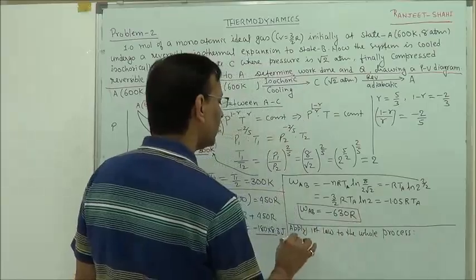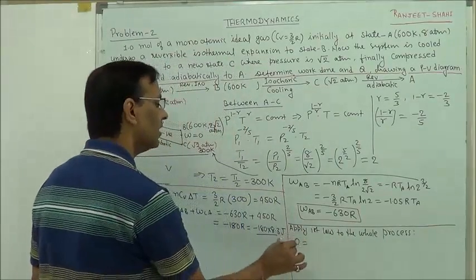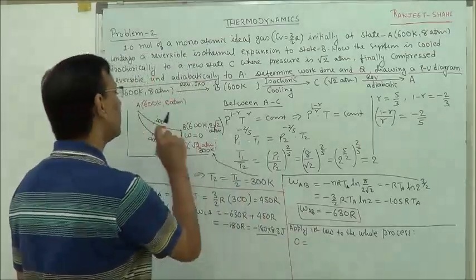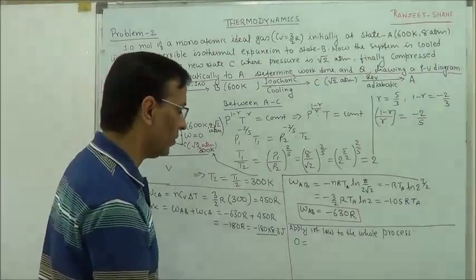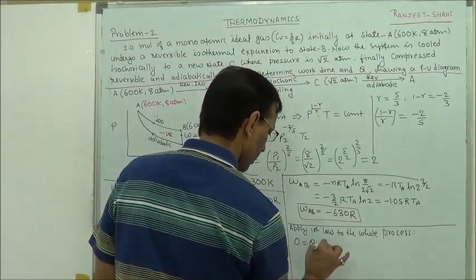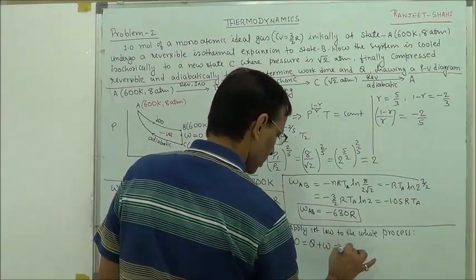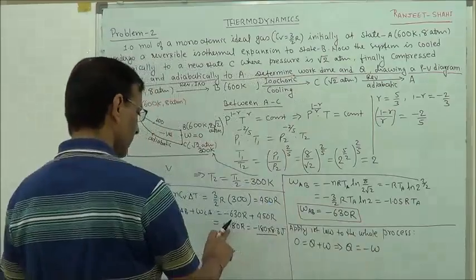what we find, 0 is equal to change in internal energy delta U. 0, since it is a cyclic process, initial and final states are same, so change in state function will be 0. So 0 is equal to Q plus W. So Q is equal to minus W. So we just have to change the sign here.